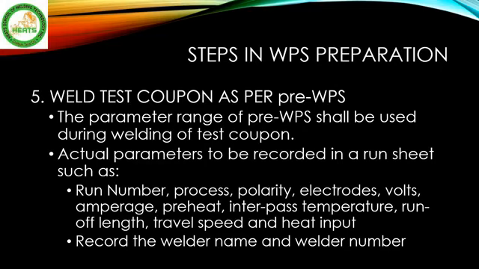So all the actual parameters need to be recorded in the run sheet, including the thickness of the coupon, and the diameter of the pipe if it's pipe. All the needed data must be recorded.